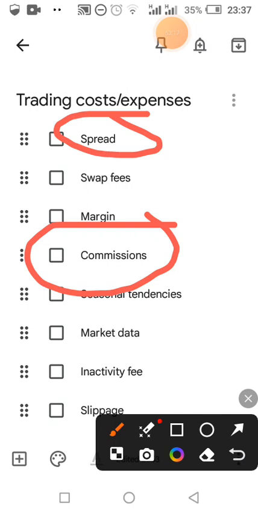And because STP or A booking accounts will have commissions, since they make money with commissions, you will see now that their spreads will be smaller.